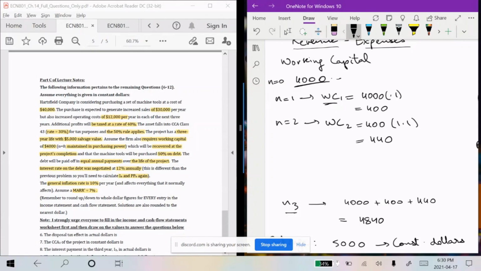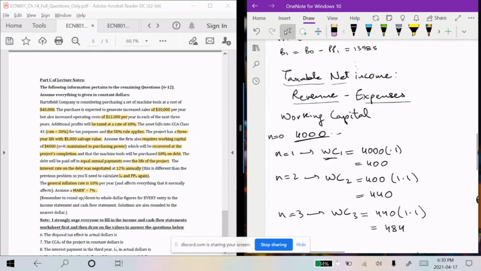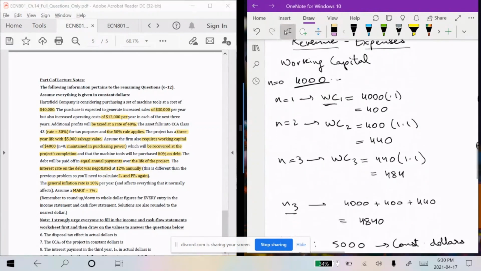Now for n equals 3, the last period, you can find the working capital as 440 times 1.1 again. This would be 484. But they said that the working capital is going to be recovered at the project's completion. At n equals 3, the whole working capital is going to be recovered.